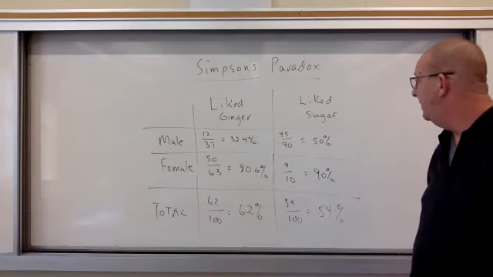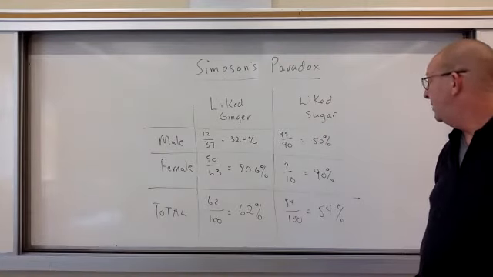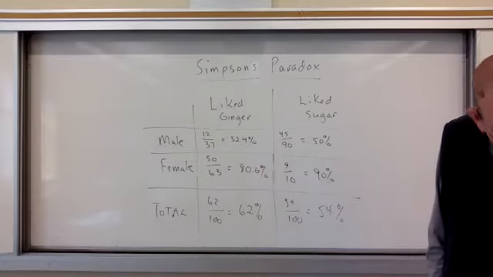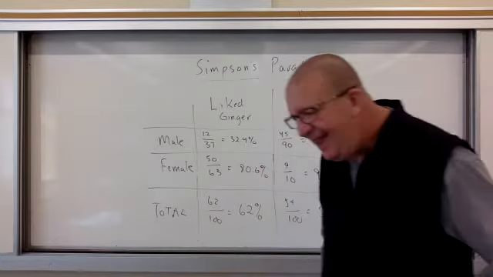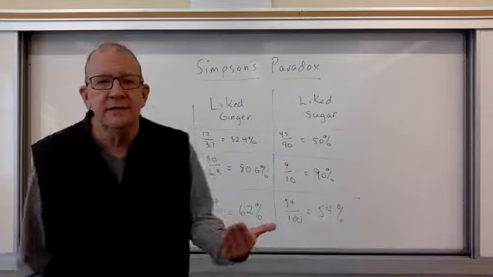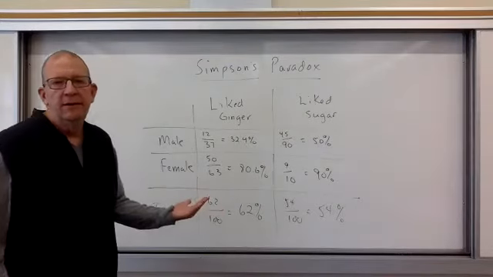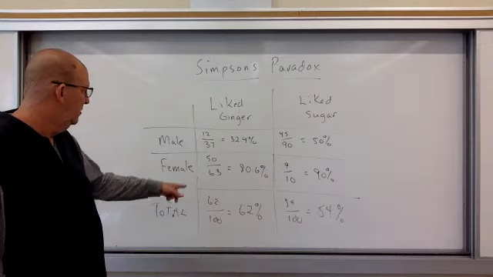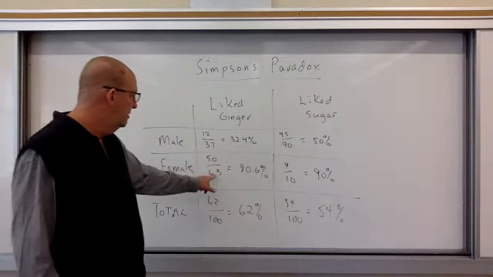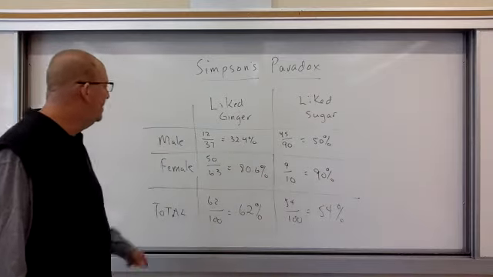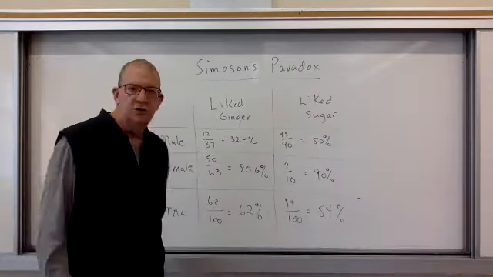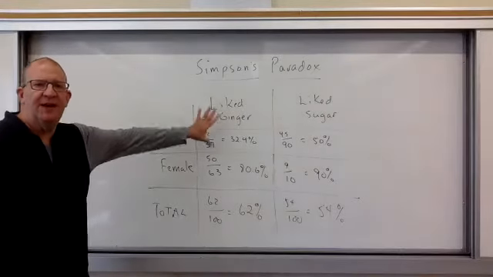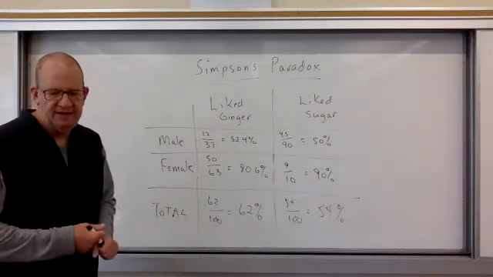Also, men really like the sugar cookies, the ones that did come through. And what else? What do you notice about the number of men and number of women? Women, 73, men, 127. Lurking variables. But this is an example of Simpson's paradox.